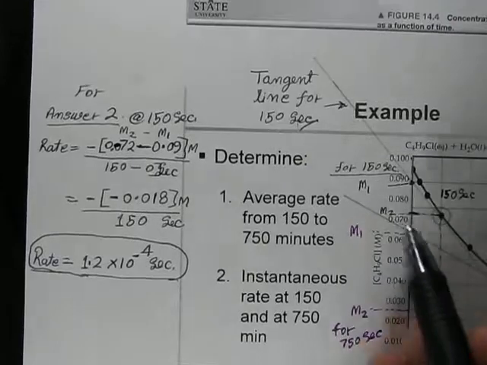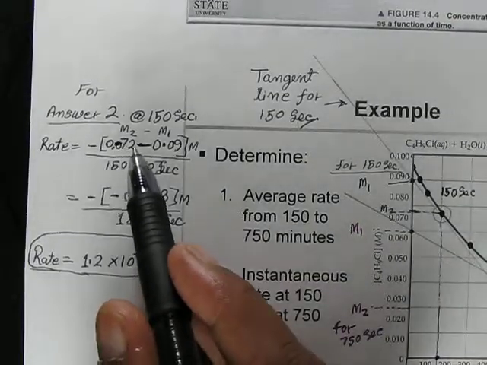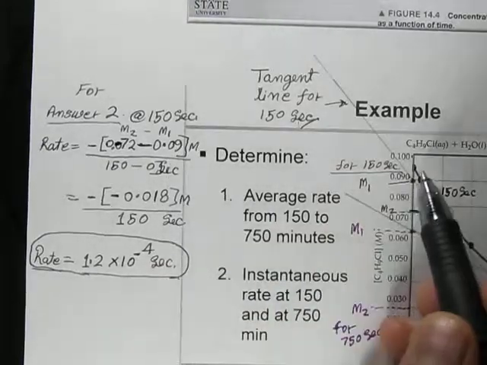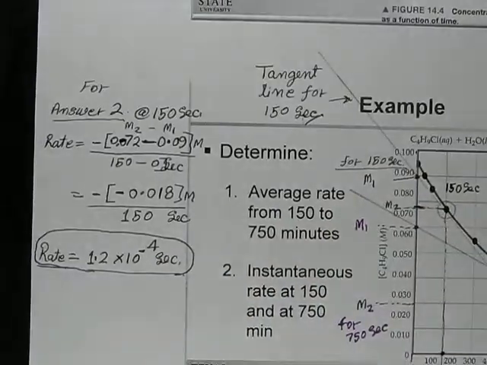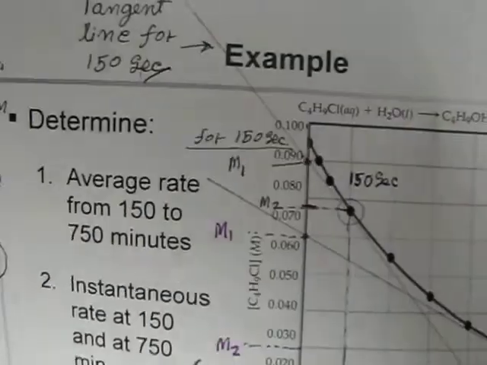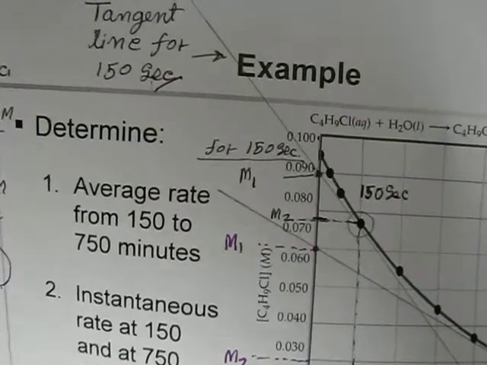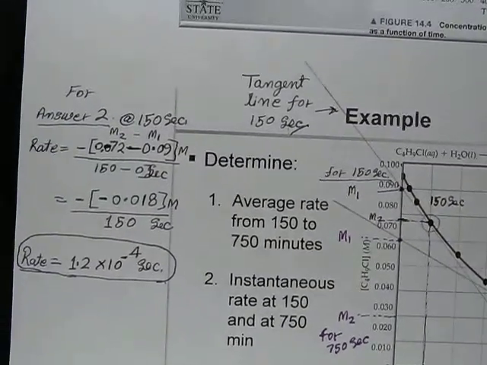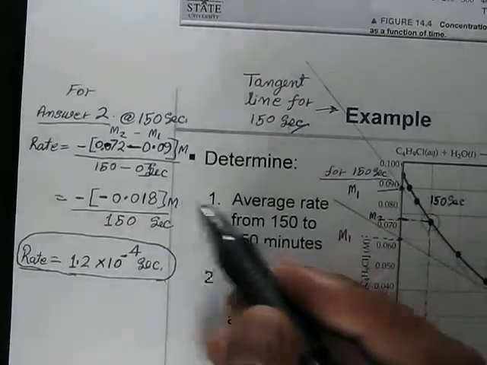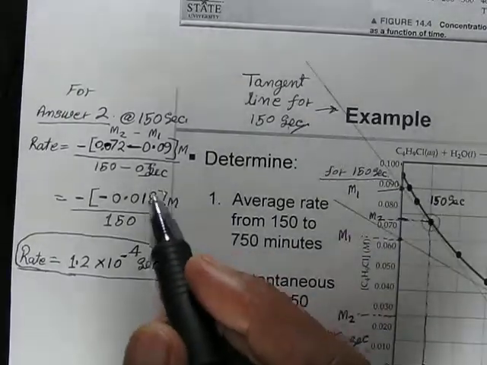M2 will be from here to here, which is 0.072, minus 0.09. M1 will be 0.09. In the graph you cannot see that exactly. You have to either take an approximation, or sometimes you have to guess it. Or if it is exactly matching with a number, that number will be your molarity.